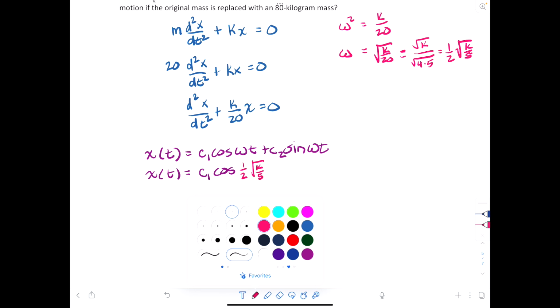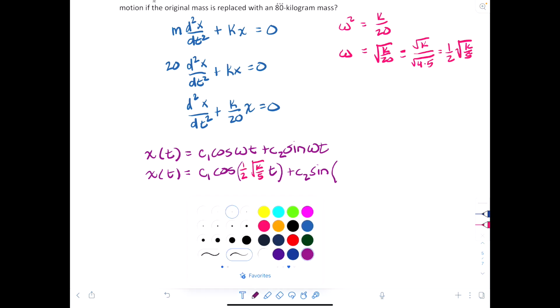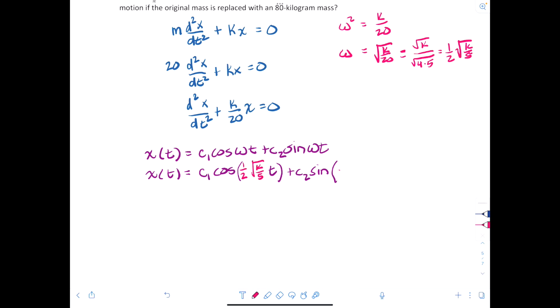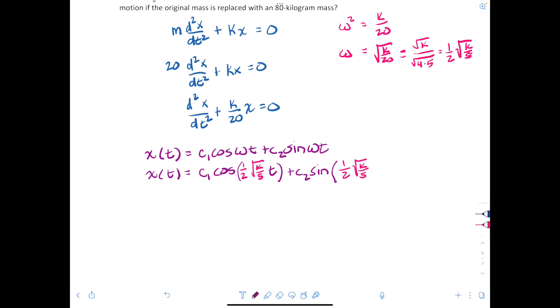We still have the t hanging around, times t, so this whole thing is the angle, plus c2 times sine, same omega, good so far?